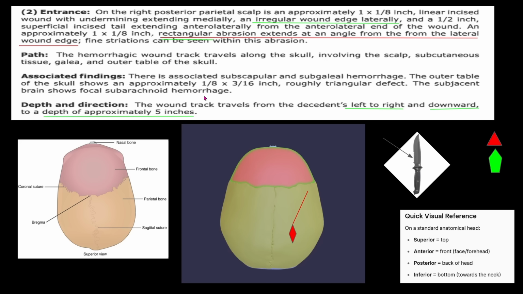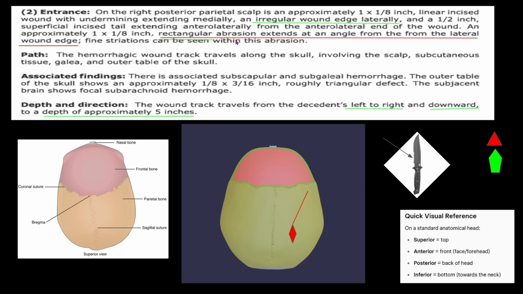Number 2, this one's a little bit different. It mentions this is also on the right posterior parietal scalp. So posterior is towards the back of the head. So on the right parietal scalp towards the back, it's an incised wound back here. It talks about its wound edges, irregular wound edge laterally, which indicates a serrated blade.